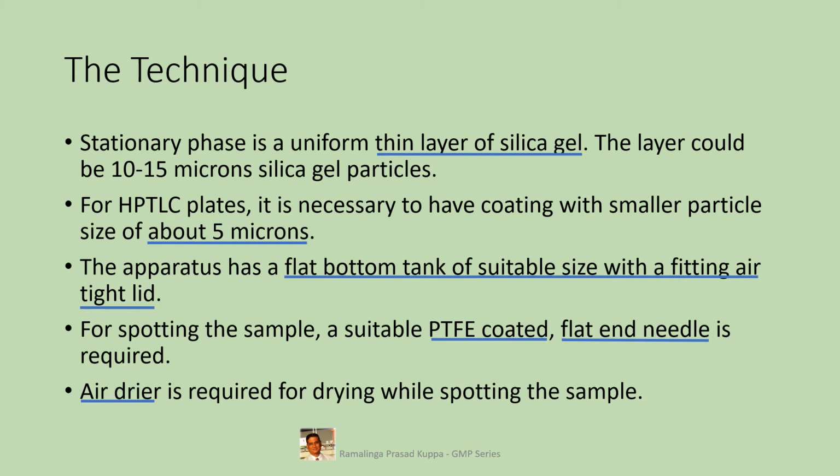This can be achieved by spotting the sample solution in several smaller increments and drying out the solvent each time. So, if there is a requirement to spot 5 microliters of a sample solution, spot slowly and carefully in 5 to 8 increments, drying every time to dry out the solvent. You get nice circular spots.